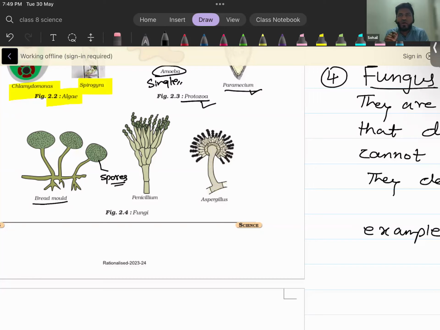Okay, have you seen a sunflower? In the center, you see there are so many pollen grains. If you see a sunflower, in the center it looks like this. Excuse my drawing, you might not like it.